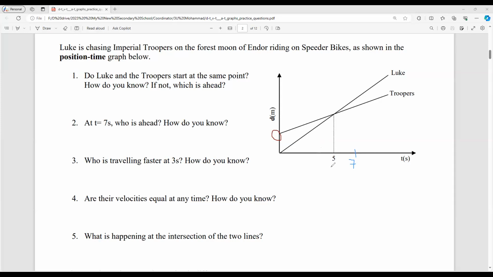Any idea? Or do you want me to show? Make a vertical line and see who is further.